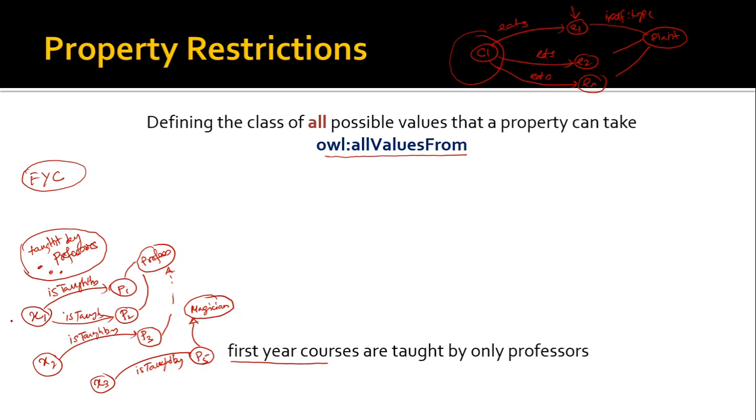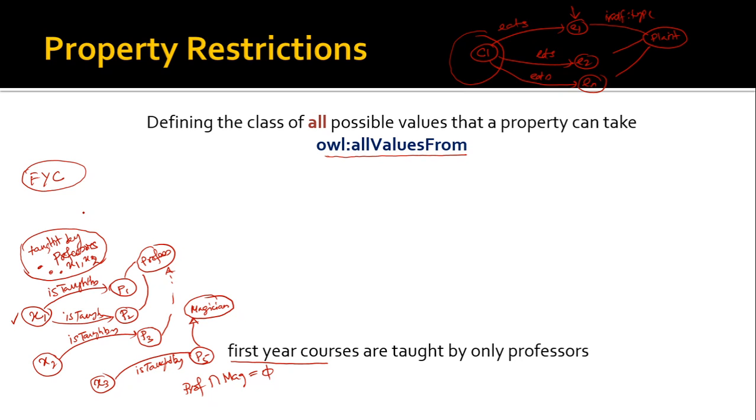So x1 would be included here, x2 would be included here, but x3 will not be included here, because x3 is taught by someone who is not a professor, who is a magician, and we assume that professor and magician are disjoint classes, right? We also say that Professor intersection Magician is empty.